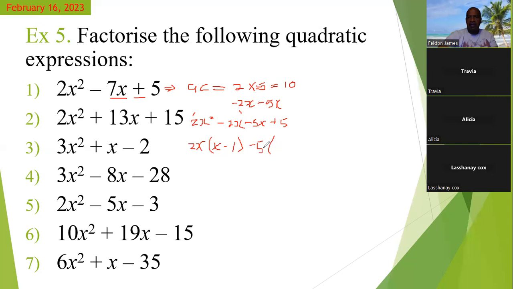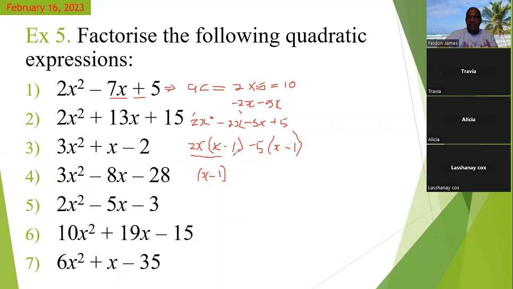And -5 into -5x will simply, -5 cancel leaving x. -5 into +5 will give you -1. Now the common factor here would be the bracketed expression. So we pull out that as our common factor. That would be just x minus 1.